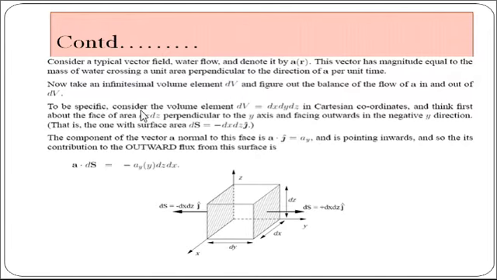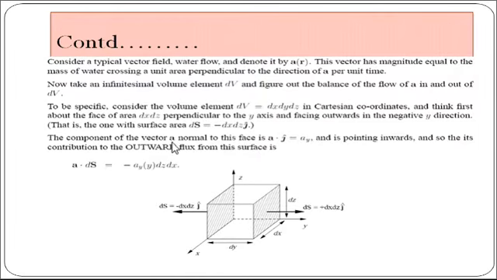Consider the volume element dV equal to dx dy dz in Cartesian coordinates, and think first about the face of area dx dz perpendicular to the y-axis and facing outwards in the negative y direction, the one with surface element dS equal to minus dx dz j.